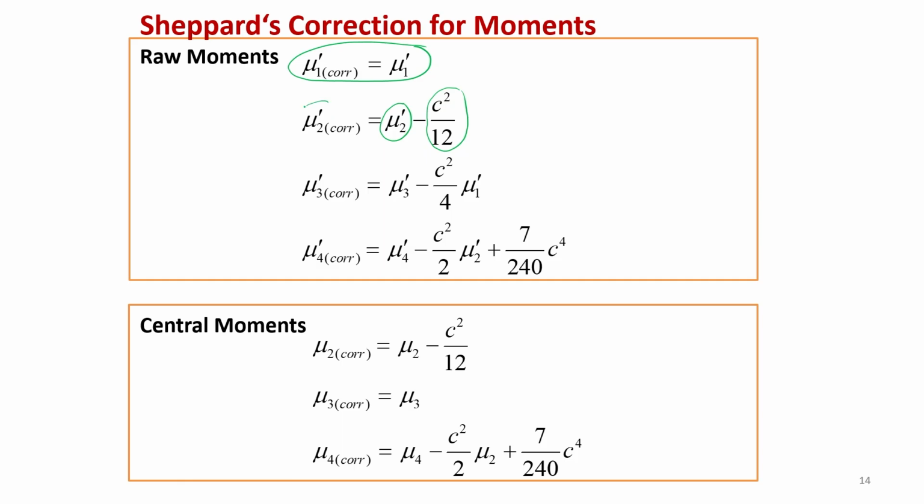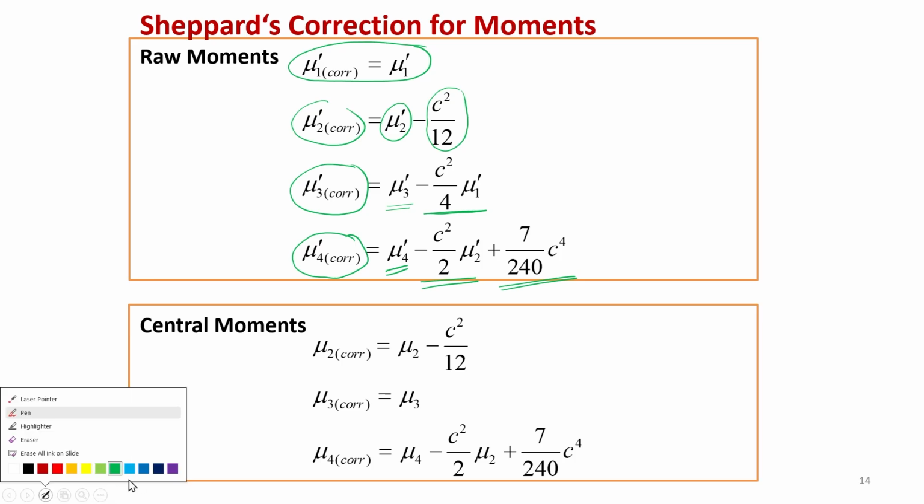So the second corrected raw moment becomes mu 2 prime minus c square by 12. And similarly, the third corrected raw moment becomes mu 3 prime minus c square by 4 mu 1 prime. And the fourth corrected raw moment becomes mu 4 prime minus c square by 2 mu 2 prime plus 7 by 240 c raised to the power of 4, right.